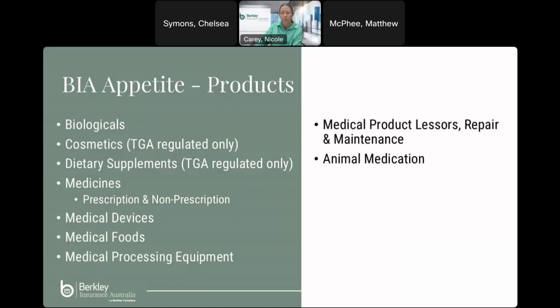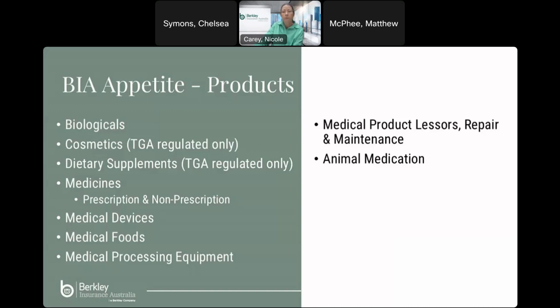So to treat or prevent disease, diagnose conditions, alter the physiological process of a person, replace or modify a person's body parts, fecal microbiota transplant products. That sounds a bit yuck. And it's a thing that contains or comprises living cells, tissues, or organs. So that's what biologicals are.